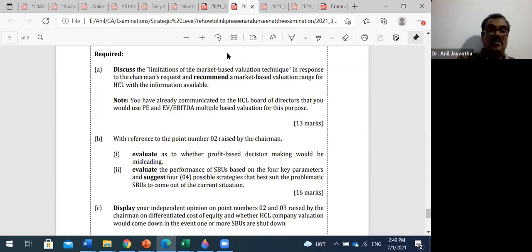Likewise, we know that any model, any way of answering corporate issues will have both pros and cons. It's a fact. There are no golden answers, and this is the answer. If that were the case, everyone would do much better without any difficulties. We know real life situations are highly volatile and contingent. We need to face these risk exposures and manage things. Therefore, for these two models, the evaluation model and the chairman's request, you need to show both pros and cons.